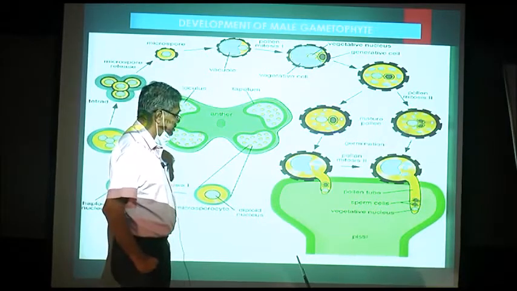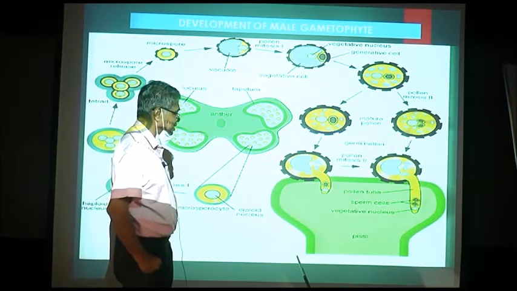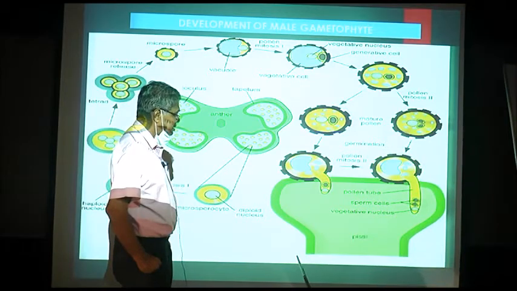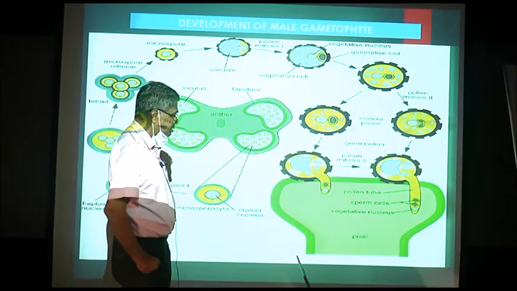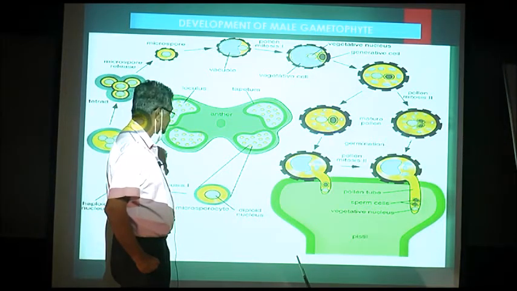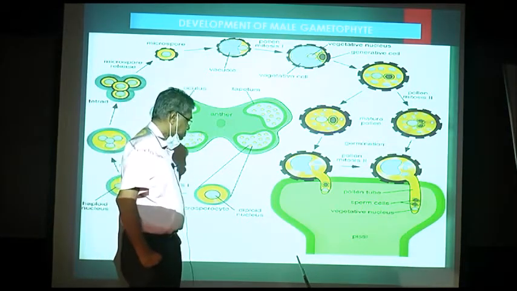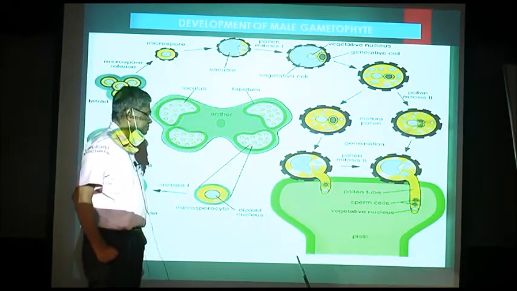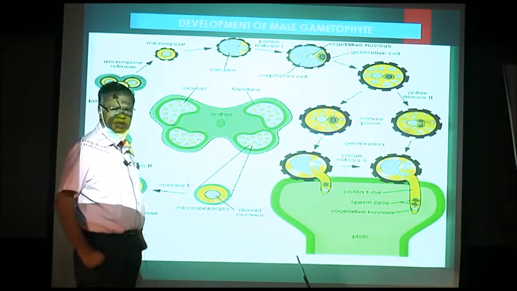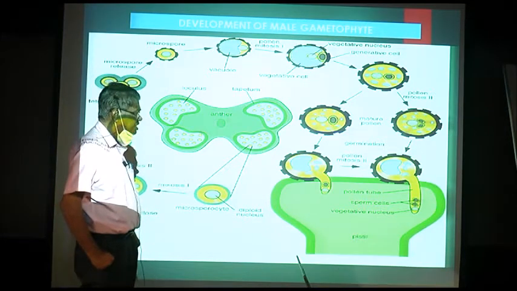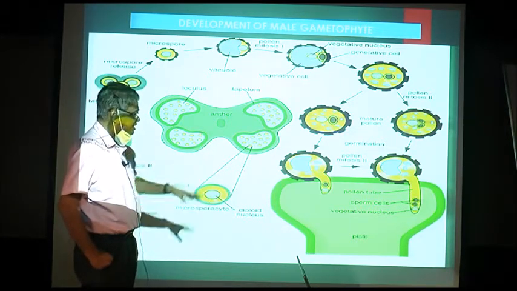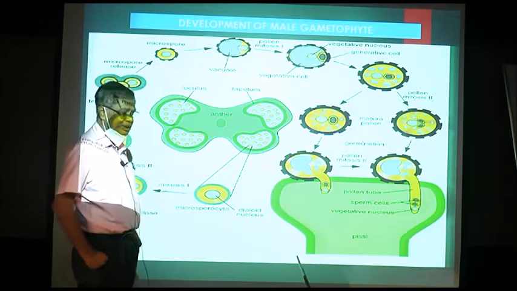It doesn't have cells now, it has three nuclei: the tube nucleus and two male nuclei. This is the mature male gametophyte in angiosperms. Here you may recall I told you that in angiosperms the gametophytic phase is very small, and this gametophytic phase in this case is very limited. And what happens here?